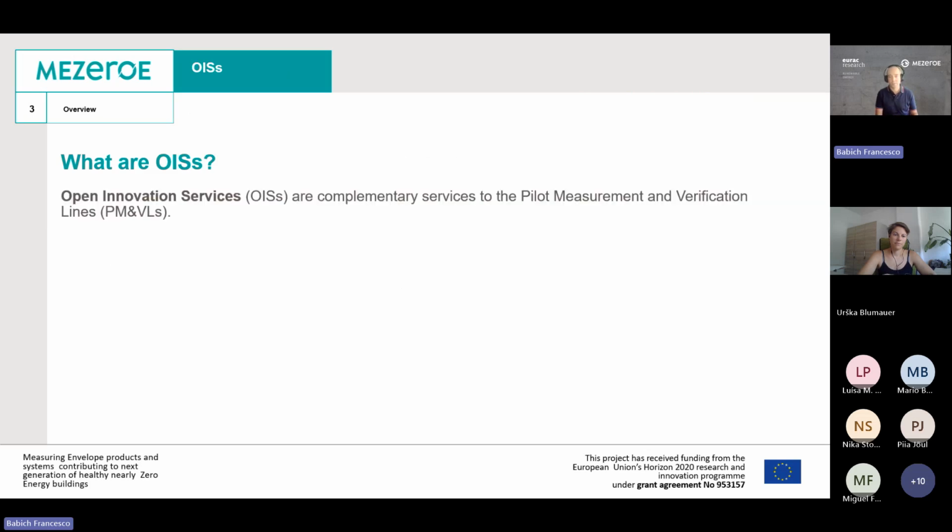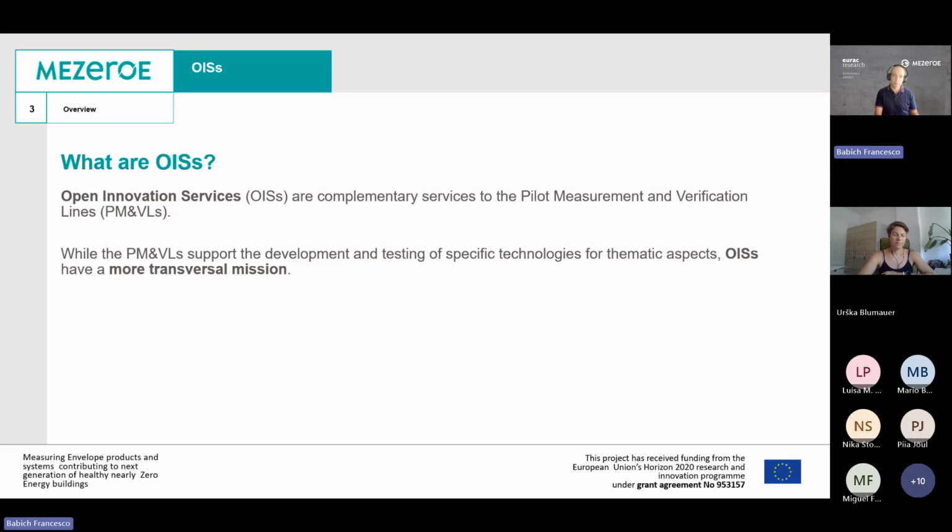Essentially, they are services that are complementary to the pilot measurement and verification lines presented by Olaya, in the sense that while the pilot lines, so the laboratories, are highly relevant for companies to know how certain products behave technically, either regarding one aspect, or a certain typology of technology in different aspects, the focus is on the technology and a specific purpose. Open innovation services tend to cover topics that are a bit larger, they are less technology dependent and more transversal.